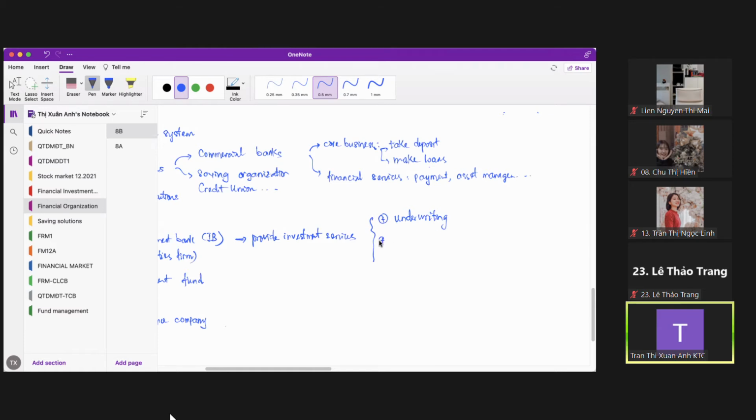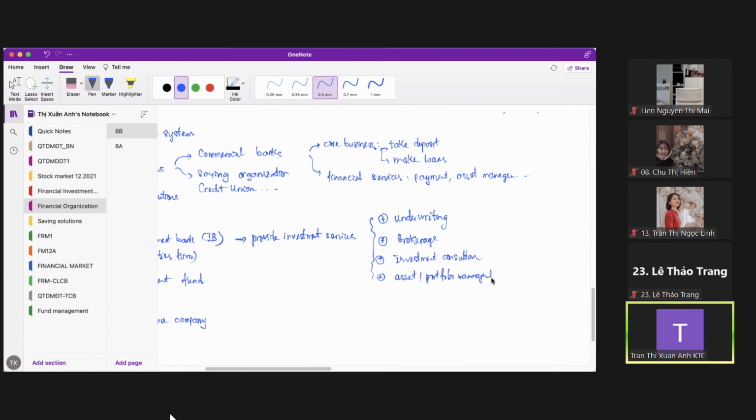And the others: they provide brokerage services, or investment consulting, or, let's say, asset or portfolio management for clients.